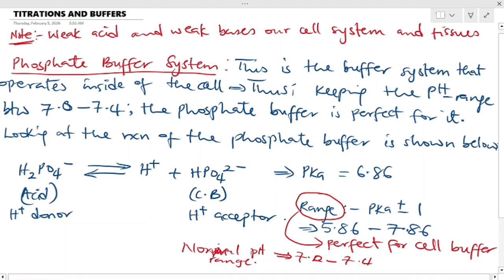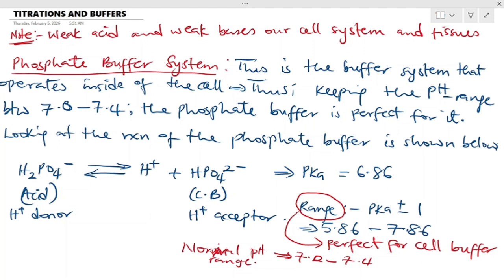That falls within the range of the phosphate buffer, and that is why it is a perfect buffer. This is why cells use it as a buffer inside the cell. In this case, the equilibrium shifts to the right or left depending on the metabolic processes of the cell.